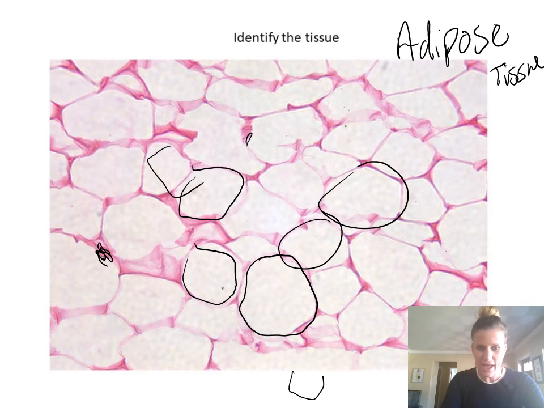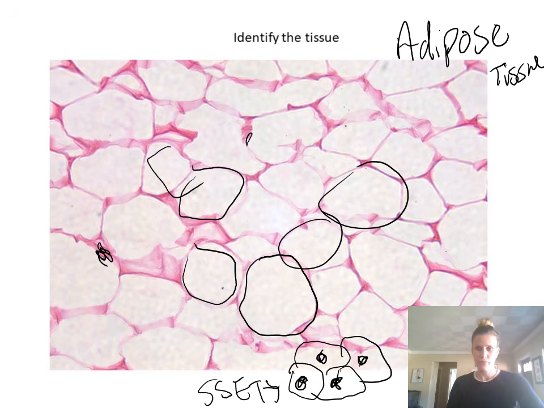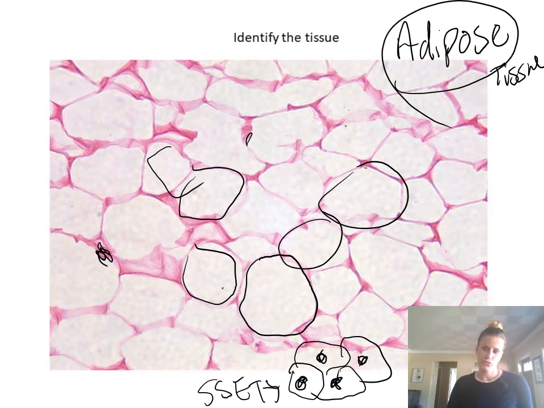There are tiles, or cells that all come together like this. The difference is that simple squamous epithelial tissue has a nucleus in the center of each cell. If it looks like this, but there's a nucleus in the middle of each cell, simple squamous epithelial tissue. If it looks like this with no nuclei, adipose tissue.